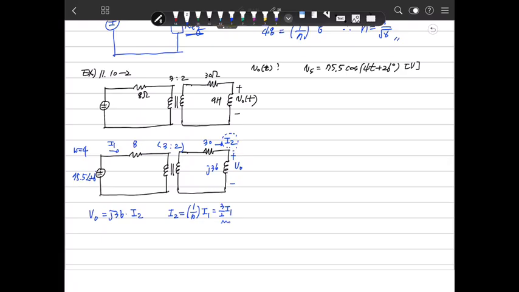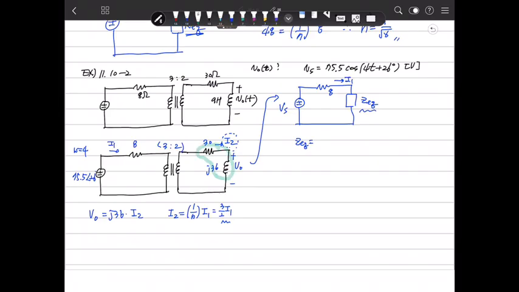To simplify these equations, I will redraw this. This is the 8. This is I1, this is the Vs. We transfer the impedance from the secondary winding through the ideal transformer. So Zeq is the transformed value of that impedance.